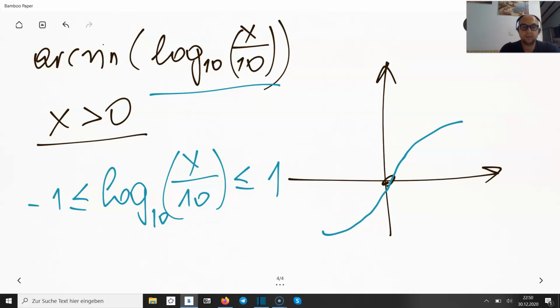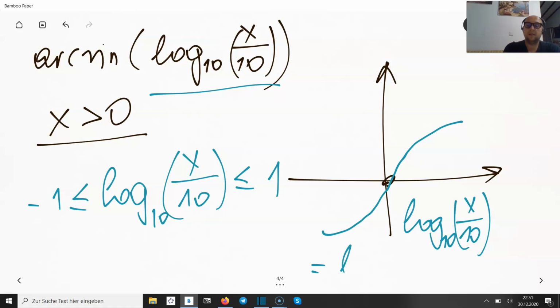All right, so can we simplify it somehow? Yes, we could. We could rewrite a logarithm of x divided by 10 to the base of 10 as logarithm of x to the base of 10 minus logarithm of 10 to the base of 10, which is 1.